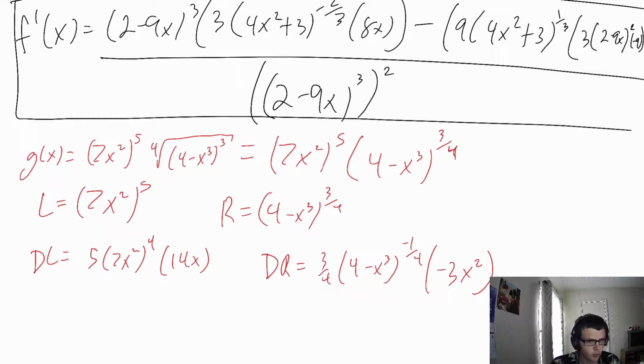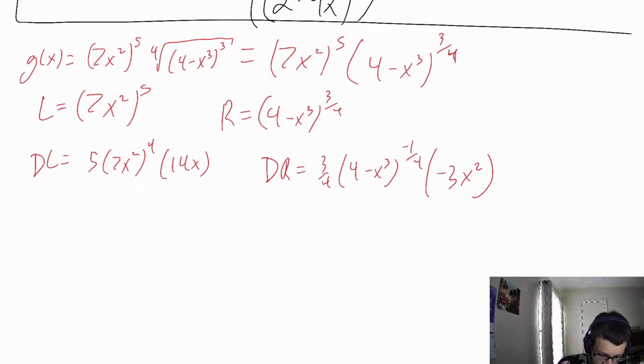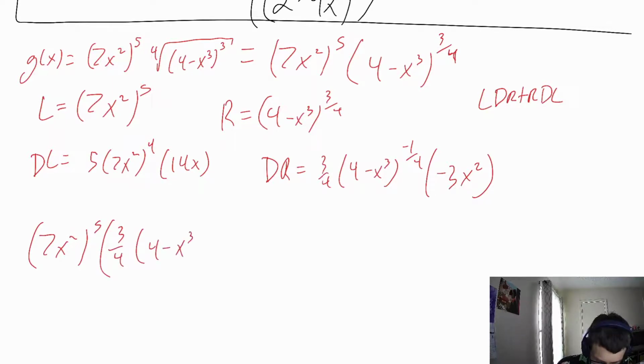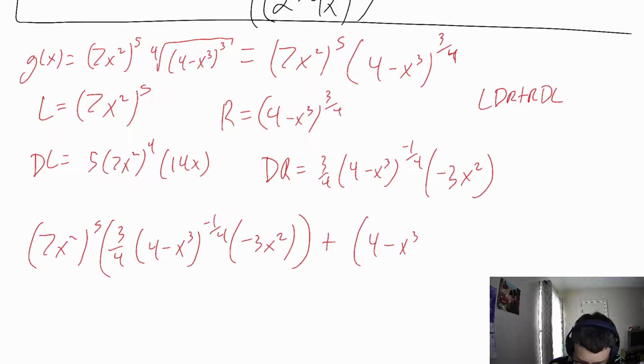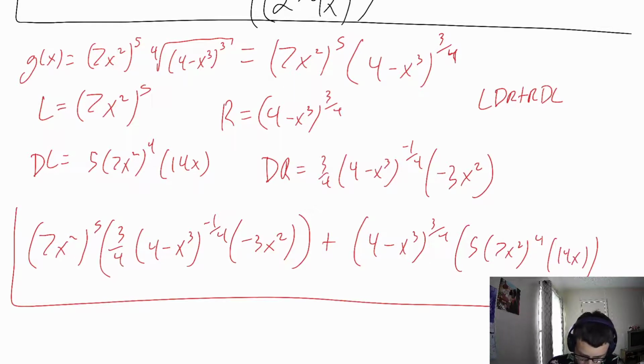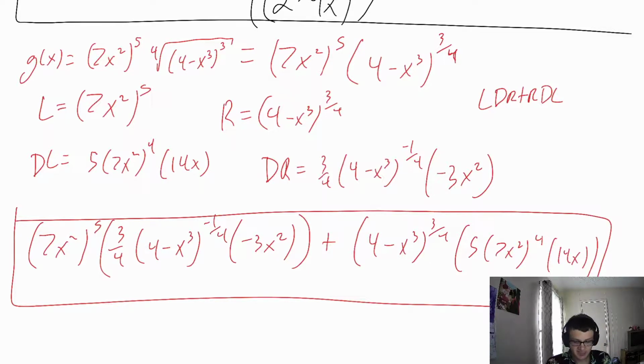Okay, just using chain rule. So if we throw those all together into our L dR plus R dL, we get L times dR, 3/4 times 4 minus x cubed to the minus 1/4 times minus 3x squared, plus R dL, 5 times 7x squared to the 4th times 14x. And that's our derivative of that.